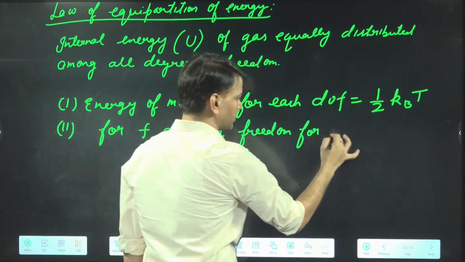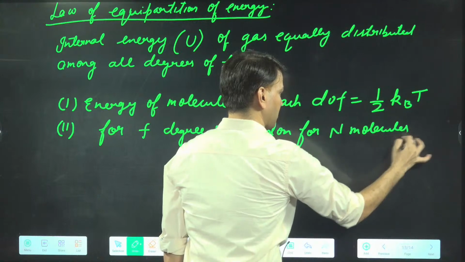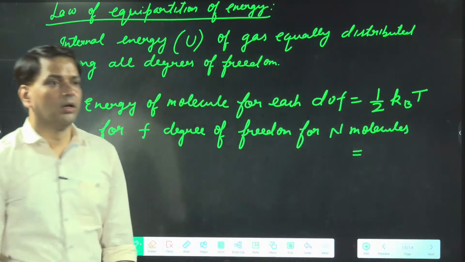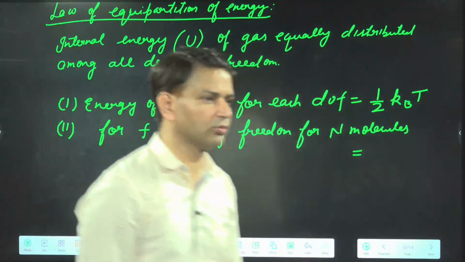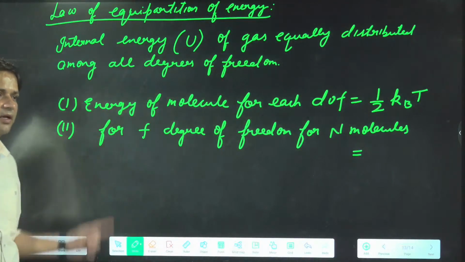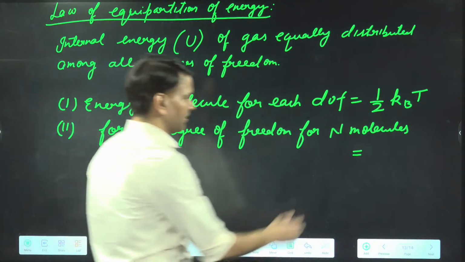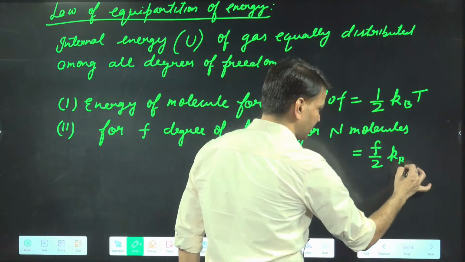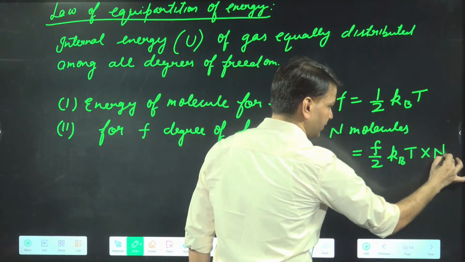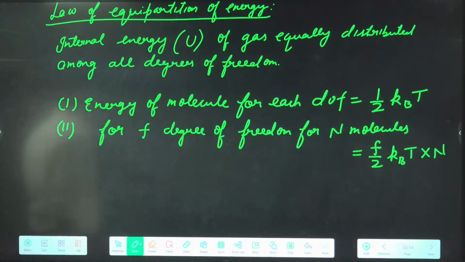Now for F degrees of freedom and N molecules, what will you get? F degrees of freedom gives F by 2 kB into T, and for N molecules you multiply by N. Yes or no?